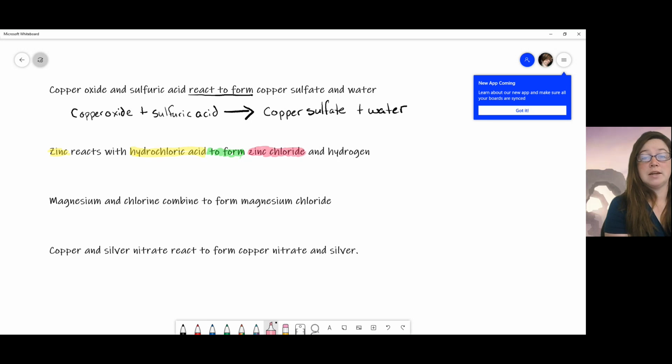Everything on the right-hand side of that "to form" is a product, so this zinc chloride and this hydrogen here. Then, because I'm writing it out in word form, I'm going to replace any ands or reacts with, in this case, a plus sign. So everything on this side is added together with an actual symbol.